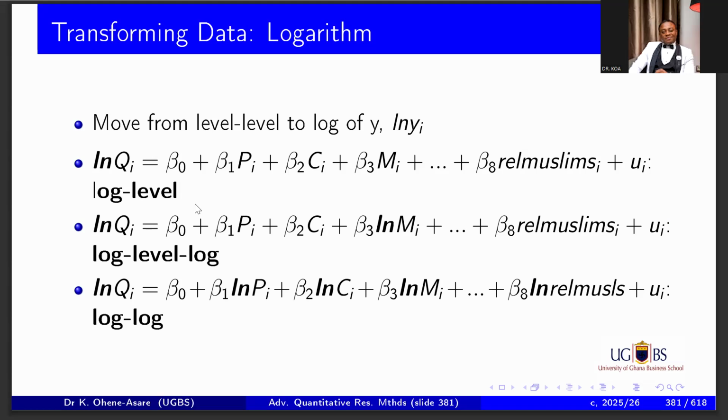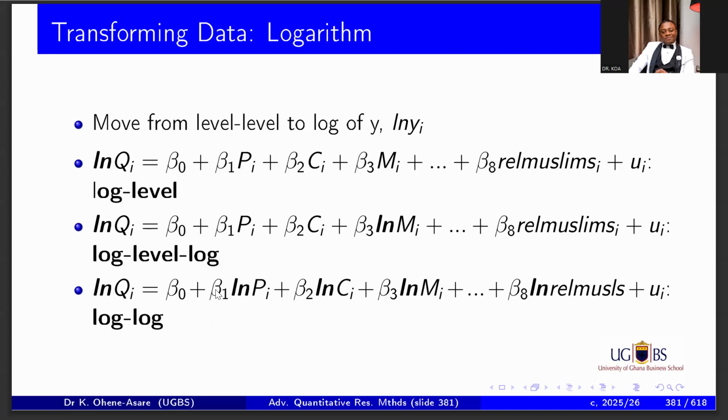Number two, you can take the log of the dependent variable and the log of one of the independent variables. And that is known as log level log. Or you can take the log of all of them, where you have log log.